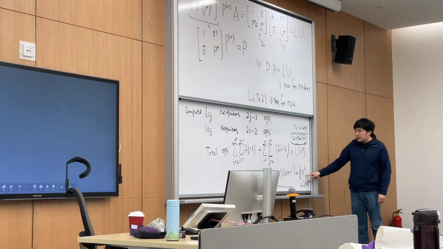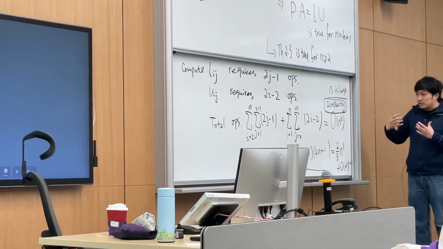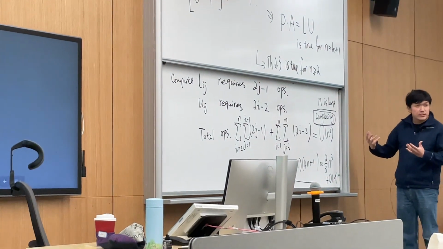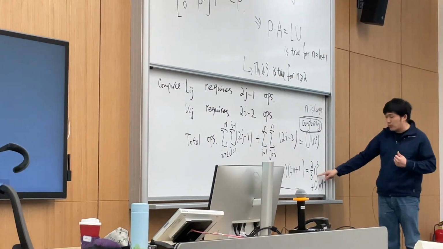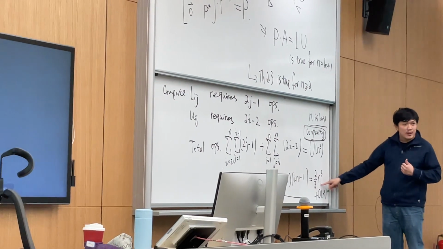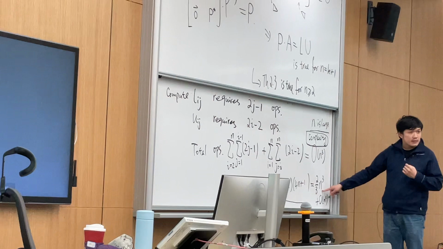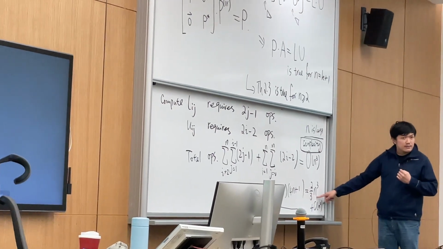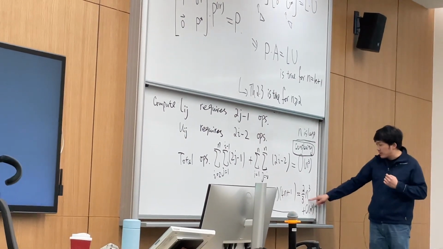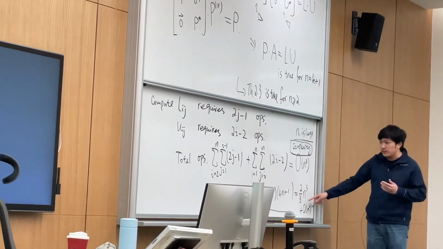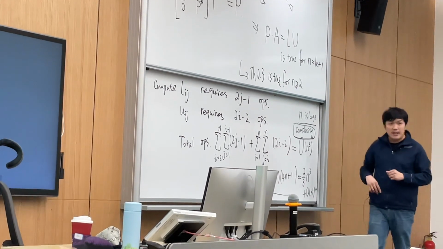Now n is doubled. Then how much does the operation number change? So n becomes twice of itself. How many operations do you need right now? 8 times, right? Because it's n to the power of 3. So if n is doubled, then the total number of operations becomes 8 times of itself.